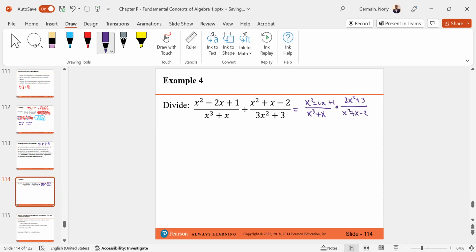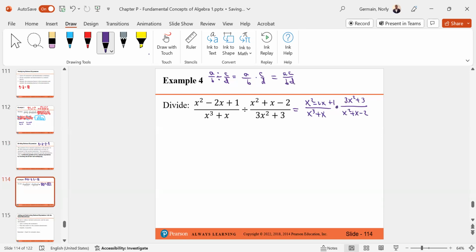After that, you remember the product: A over B divided by C over D becomes A over B times C over D. When you have a fraction times another fraction, multiply the top ones together and multiply the bottom ones together.